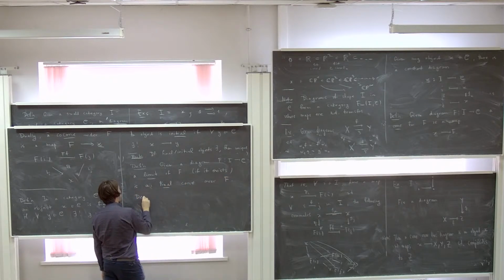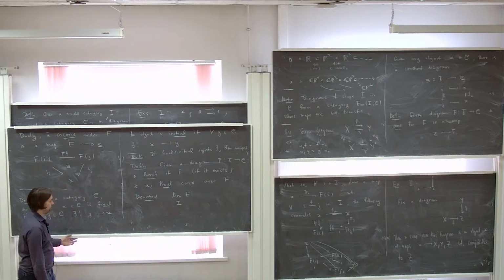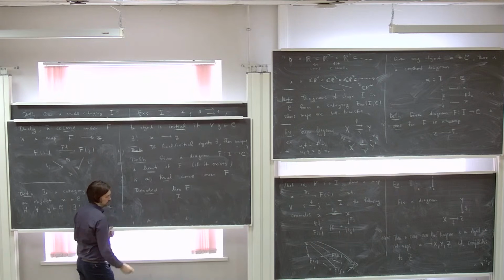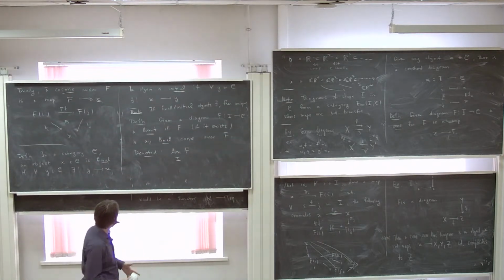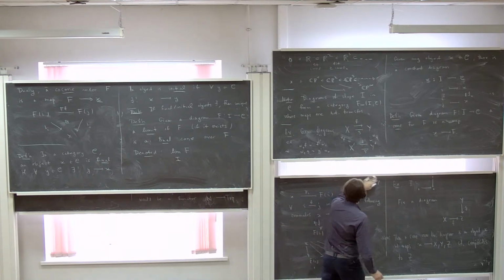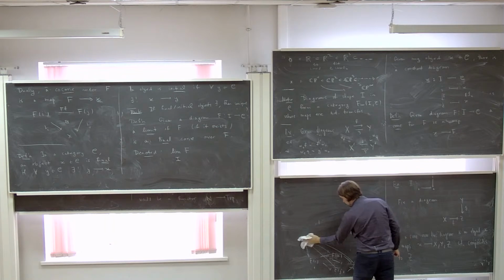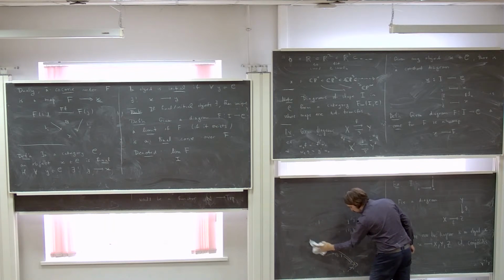It's denoted, when it exists, as lim F over I. Okay. So let's look at our examples. What does this really mean? Let's unpack what it means concretely.